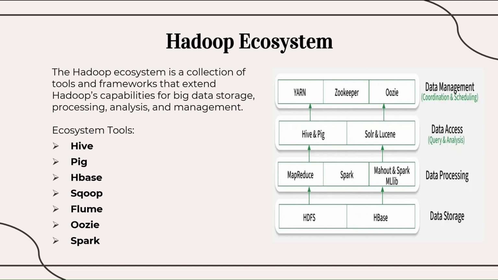It includes some key tools like Hive for SQL-like querying on large datasets, Pig for data flow scripting and analysis, HBase, a NoSQL database for random read-write access, Sqoop for importing and collecting data from external sources, ZooKeeper for coordination, Oozie for job scheduling, Spark for fast and real-time analysis. Together, these tools make Hadoop a complete big data ecosystem, not just a storage and processing framework.